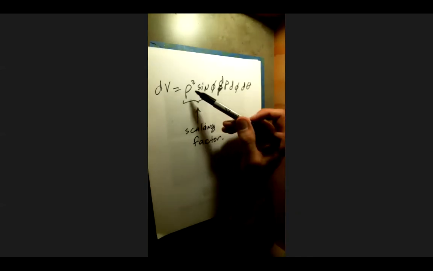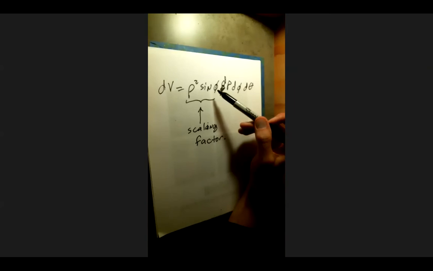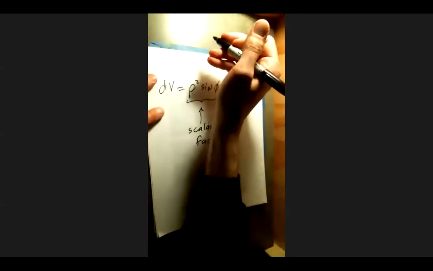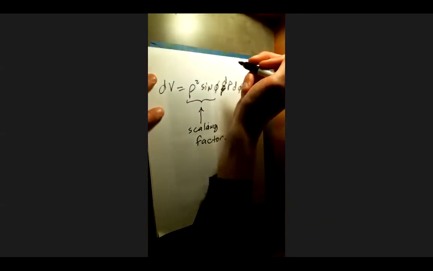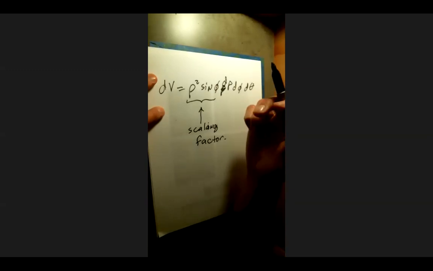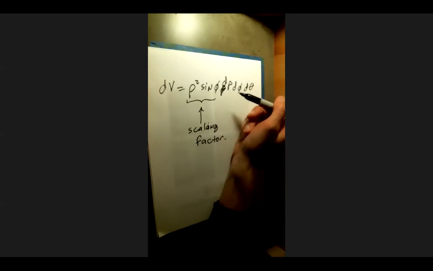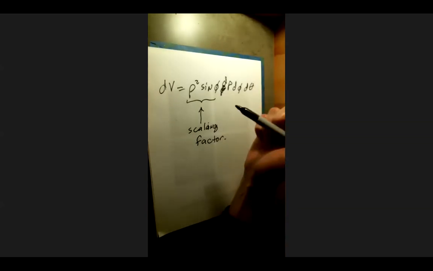Big rho represents far from the origin, so it makes sense that that would make our shape bigger. Sine phi tells you something about the radius of the inside of that chunk. We can do a longer derivation if you like at another time, but that's the formula that we're working from.